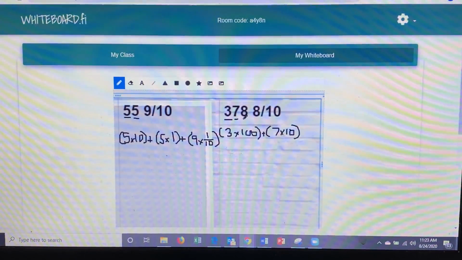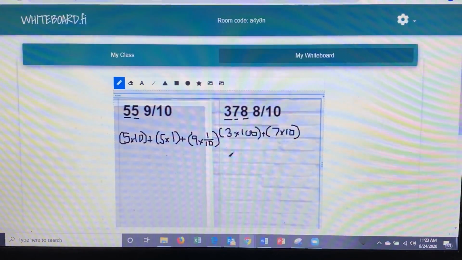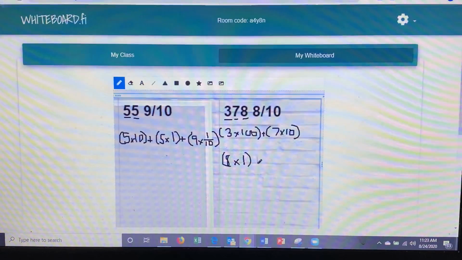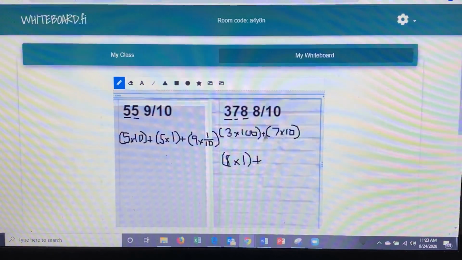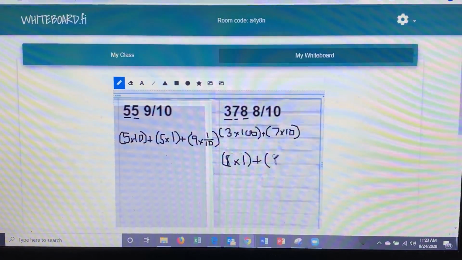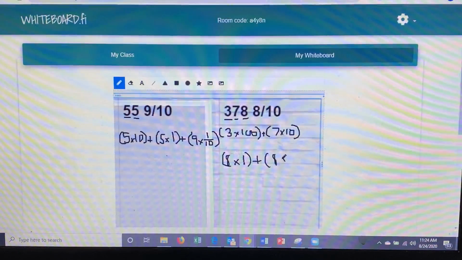How many ones? 8 ones. 8 times 1. And last but not least, we have tenths. How many tenths do we have? 8/10. So again, I'm going to write 8, but this time I'm going to write times 1/10.